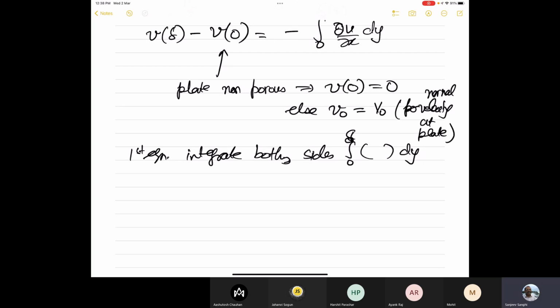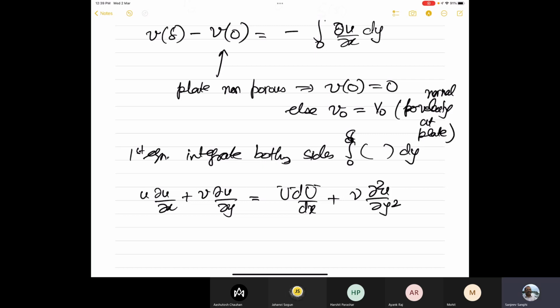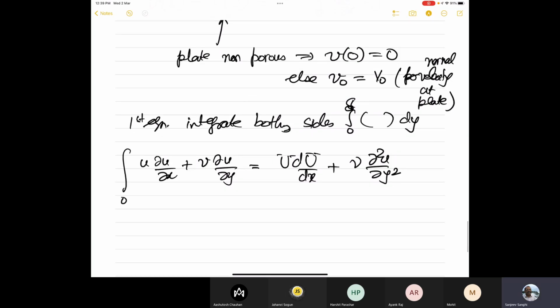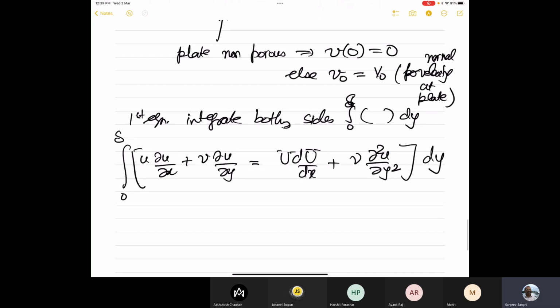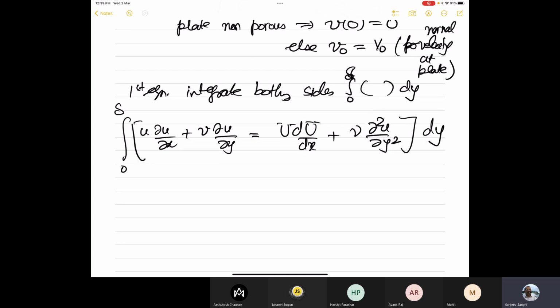So the first equation, which is u ∂u/∂x plus v ∂u/∂y, is equal to capital U dU/dx plus nu ∂²u/∂y². So let's integrate this from 0 to delta, both sides with respect to y. So let's do it term by term.